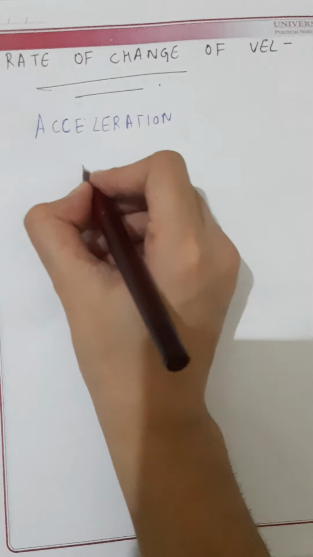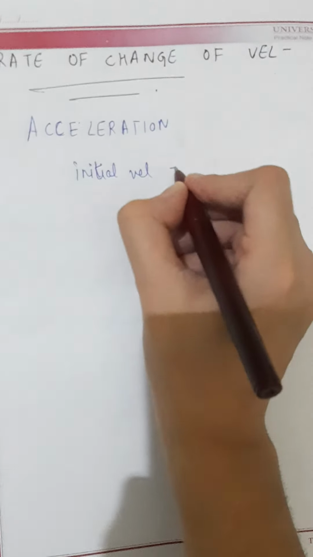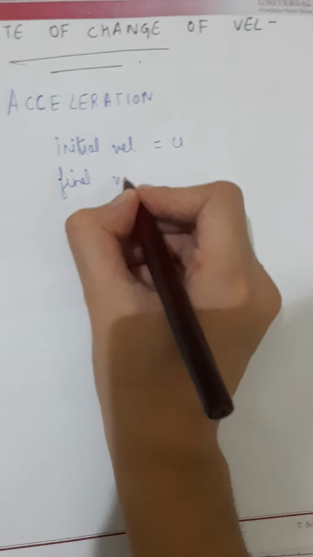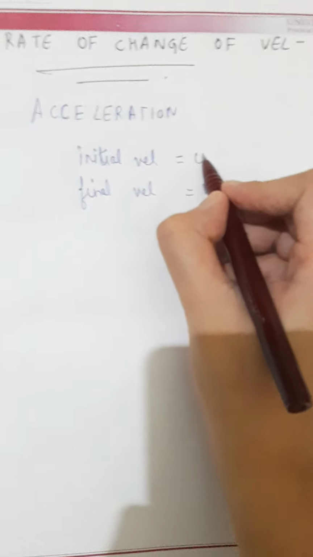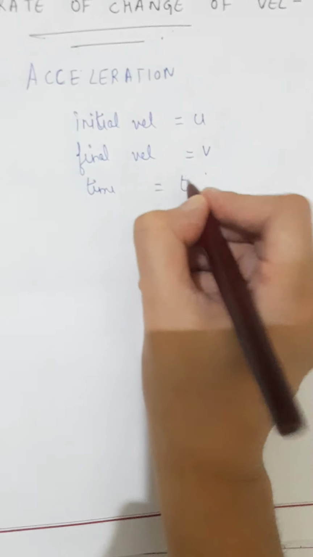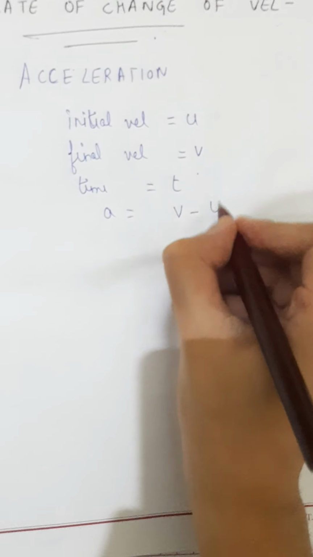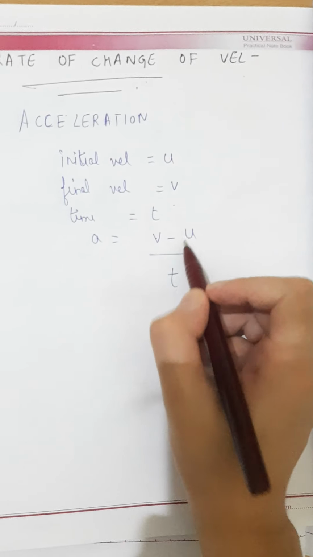Suppose the initial velocity of the object is u and the final velocity of the object is v, and the time taken by the object to change its velocity from u to v is t. Then acceleration will be given by v minus u upon t, that is, the rate of change of velocity. Fine.